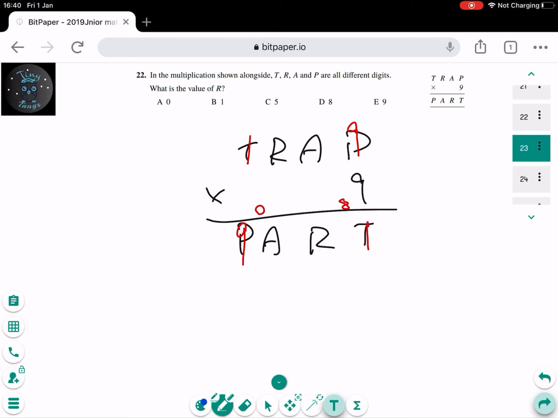For example, if 2 times 9 was 18, and 18 plus 8 was 36, then 6 times 9 would equal 54, so that would become 7, which wouldn't work.